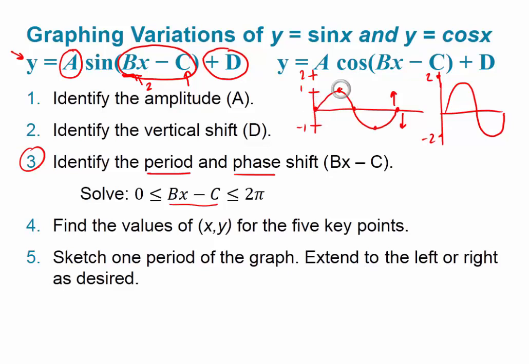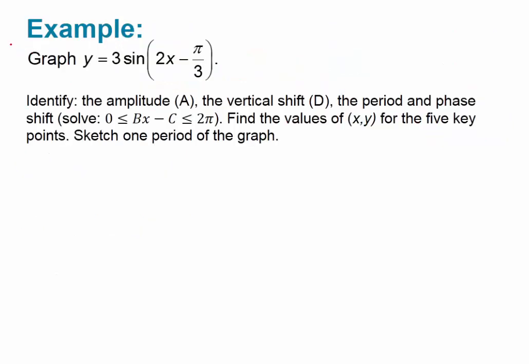Those are my 5 key points that I need to find. Once we find those 5 key points, we simply freehand sketch a nice smooth curve between those values. All right, let's take a look at an example now that will help you understand how to graph a sine function that has some variation.